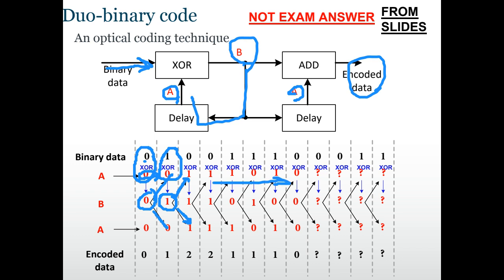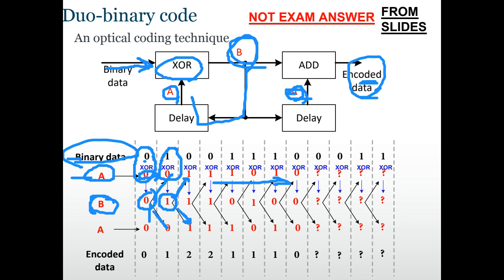Basically, B is obtained from the binary data and A performing XOR. The first row and second row, XOR, you get B. And then the output, the encoded data, is obtained by adding B and A. So if you have 0, 0, then the output is 0. 1, 0, output is 1.